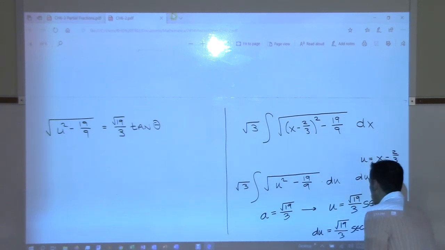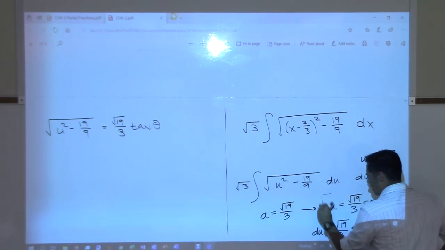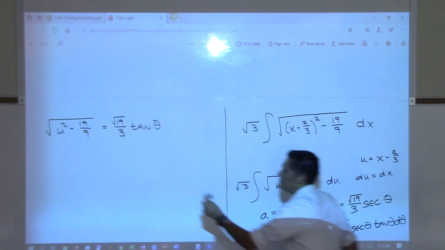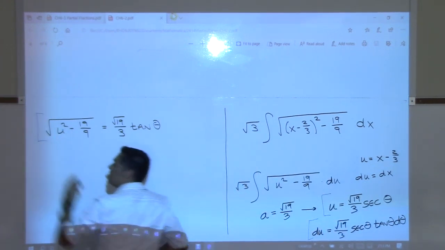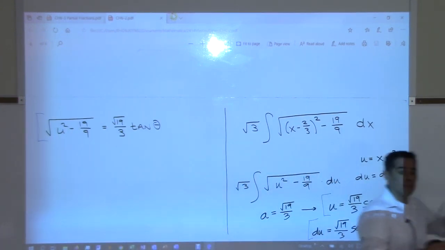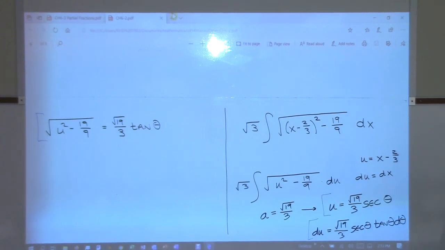Okay, so these three things are what I need in order to rewrite the whole integral over again. Okay? You all ready to rewrite the integral? Any questions?